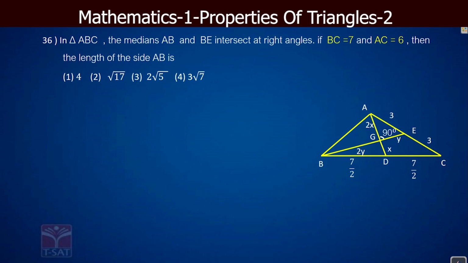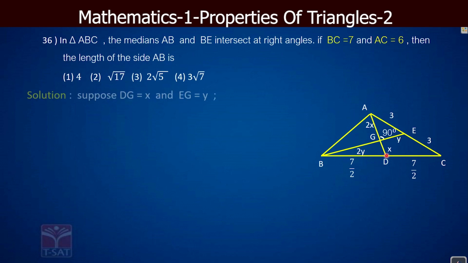Now, you know that the point of intersection of the medians is called the centroid, and it will be denoted by capital G. And everybody knows that the centroid divides a median in the ratio 1:2 from base to the vertex, or 2:1 from the vertex to the base.